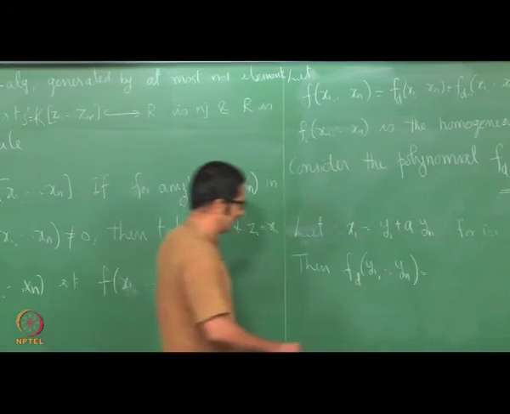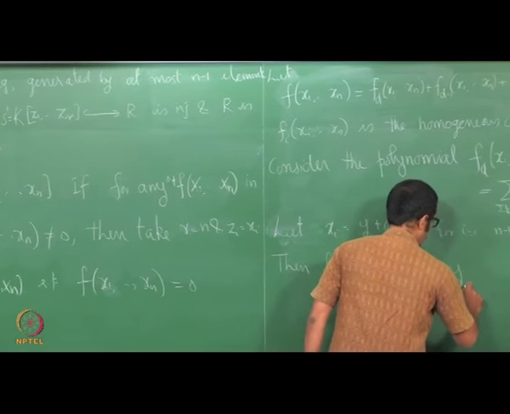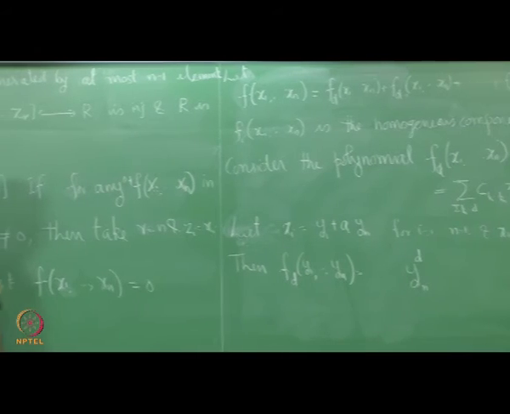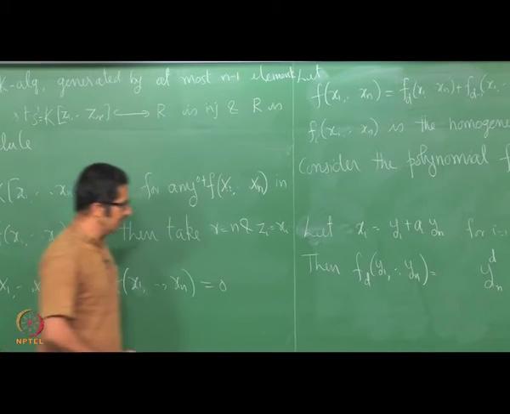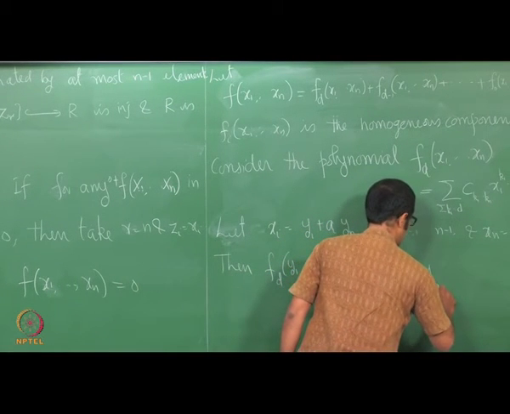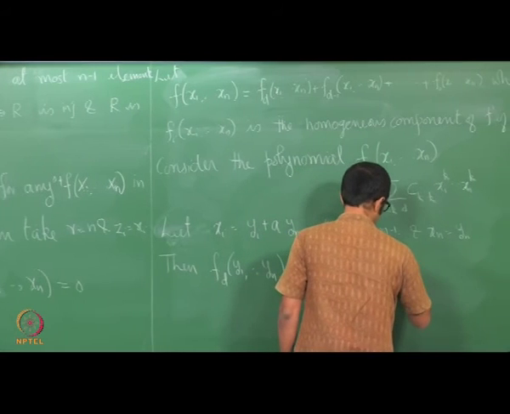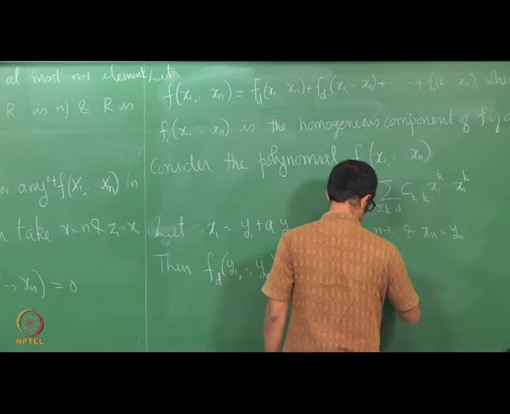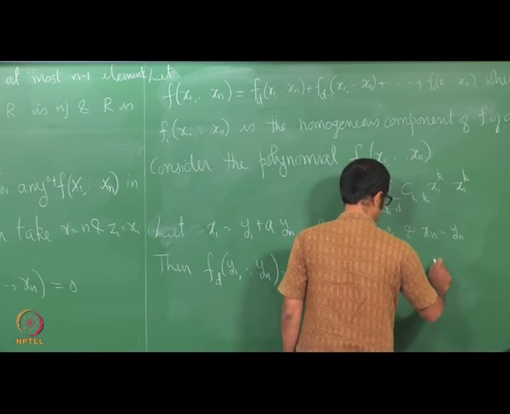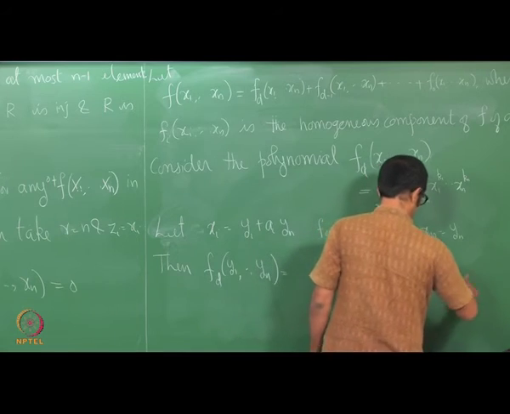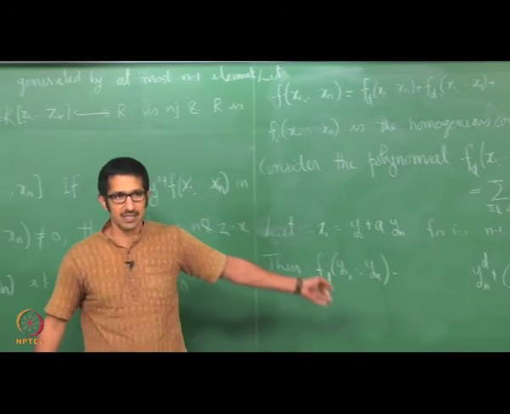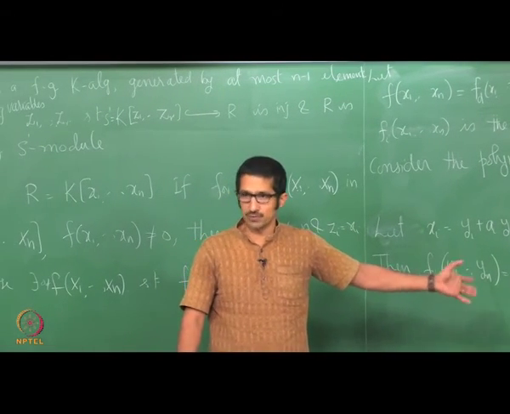So, the highest degree will be yn power d, plus terms of order yn power d minus 1, with coefficients coming from y1 up to yn minus 1.